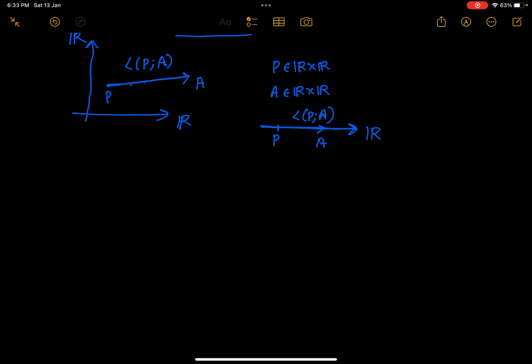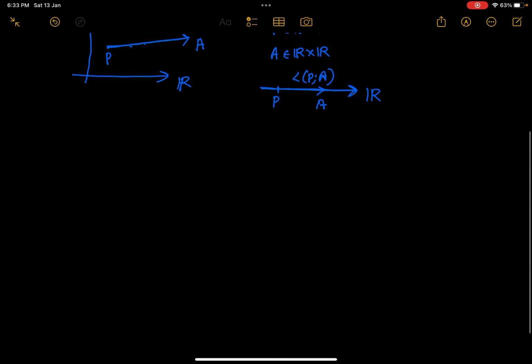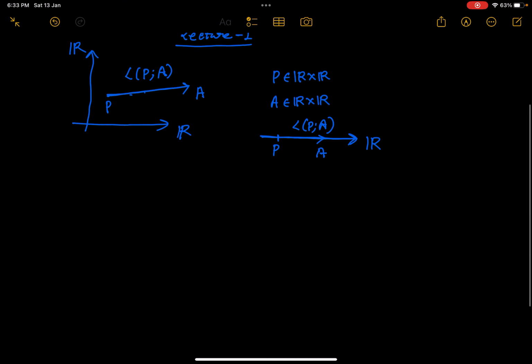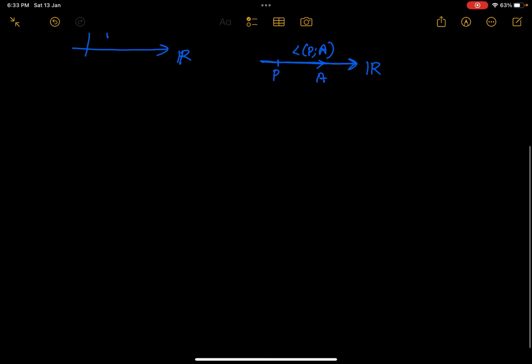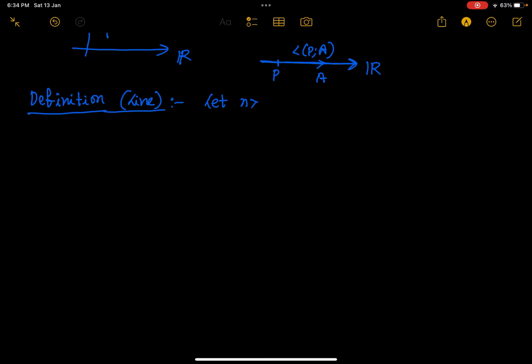So this phenomenon can be extended to Rn in general. So how do you define it? Definition of a line. Let n be greater than or equal to 1. This is the Euclidean dimension.